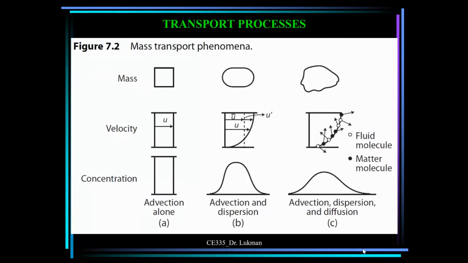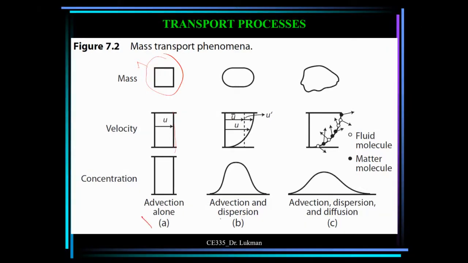This we explained before. When you have the mass, for advection, it moves undistorted, because we assume that all fluid particles at a given cross section have the same forward velocity. This is for advection alone.